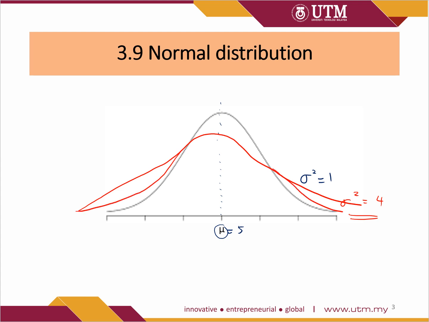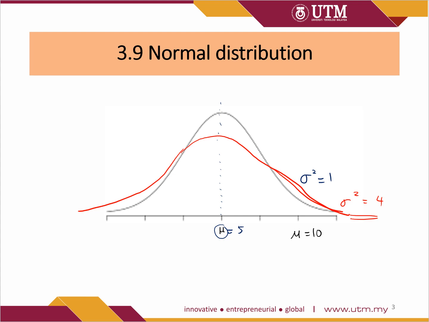So something like this, where it is more dispersed compared to sigma square equals to 1. And also, if I have another normal distribution with mu equal to 10, the center of this bell shape will not be the same as when the mean is equal to 5.